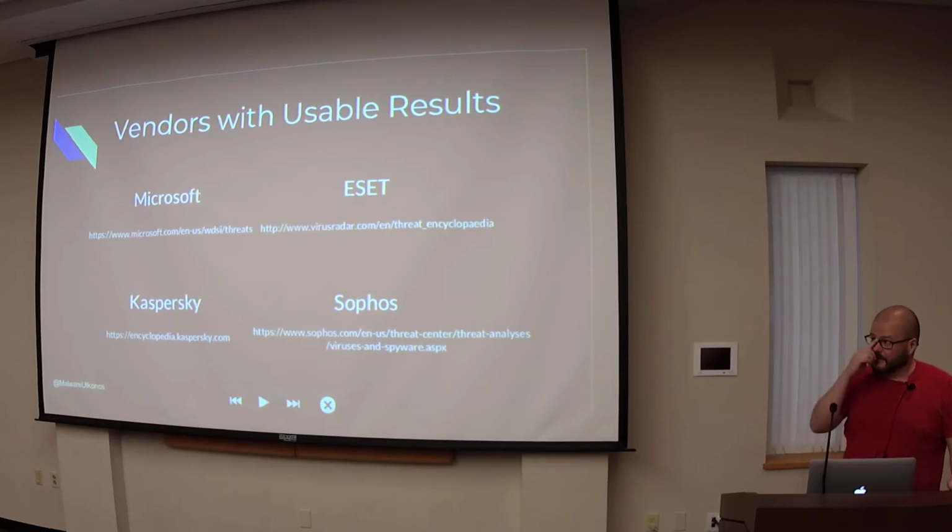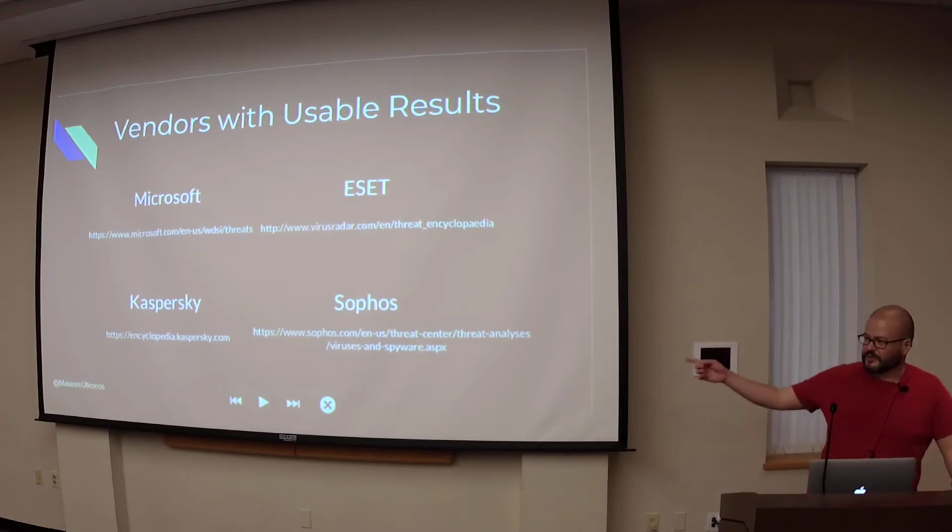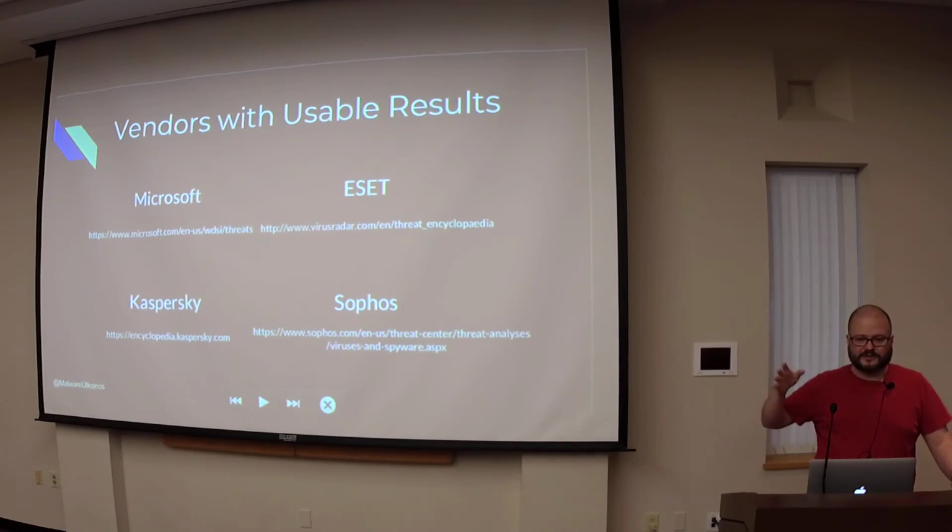But they're very accurate and very specific with their AV scanner results. ESET, Sophos, Kaspersky, and if you have any other suggestions, please let me know, like if you've seen good results from one or another. And I've also put on here that most of these have threat encyclopedias, and your mileage will also vary on the encyclopedias as to how in-depth the information is there.